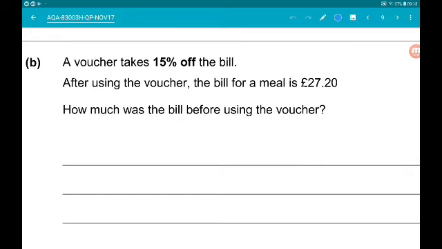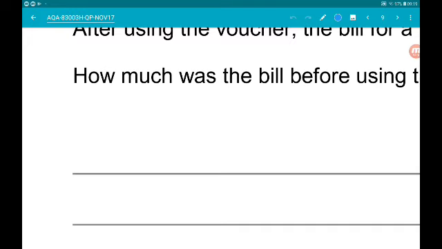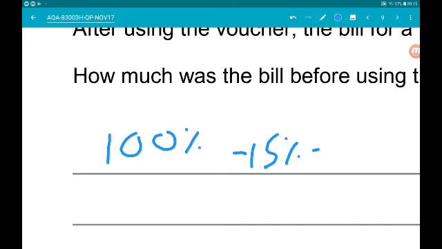Okay, so this is reverse percentages. So I'll put my reverse percentages stuff down below. So the cost of the bill was 100% the cost of the bill. The voucher takes off 15%. That leaves us with 85%.